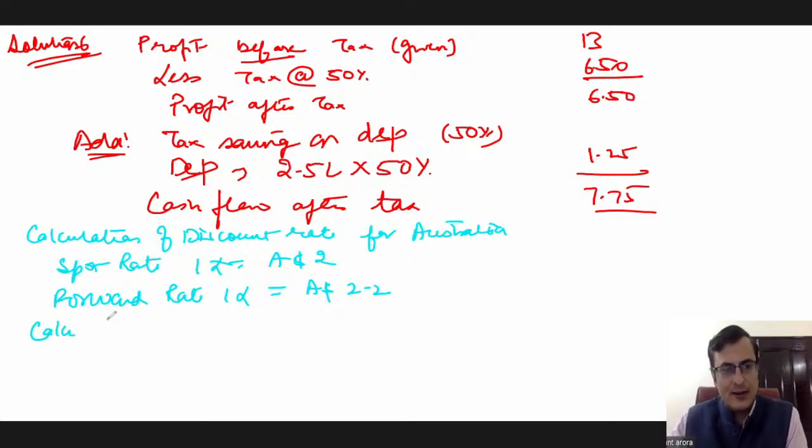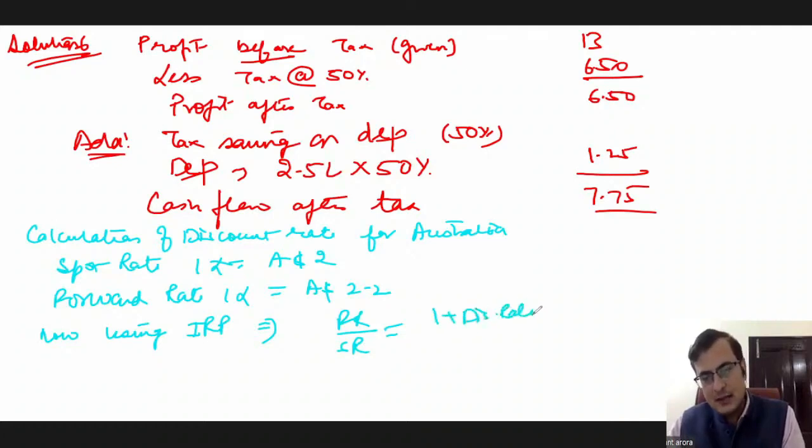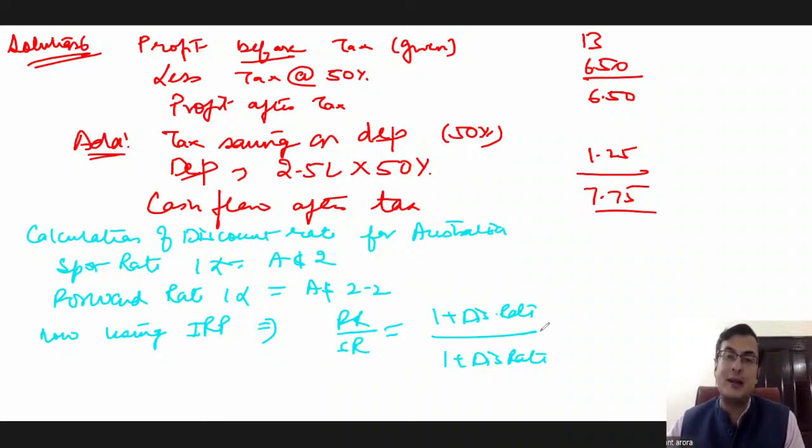Calculation. This I've already written above. So now, using FR by SR equals 1 plus discount rate. Sir, there it used to be an interest rate. Yeah, same thing. Okay, sir, so what should I put here in the exam, Australia or the UK?